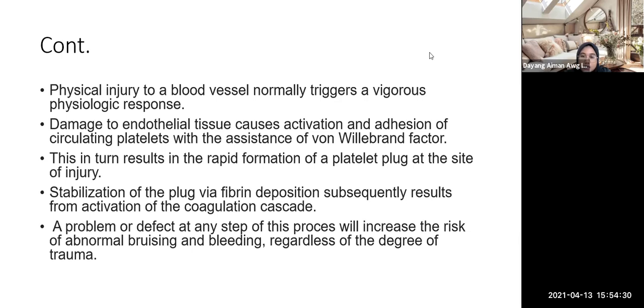And this in turn then there will be a stabilization via fibrin deposition that will result from activation of the coagulation cascade. So if there is any problem or defect at any step of the process, it will increase the risk of bruising and bleeding disease, regardless of the degree of the trauma, whether it's minor or major trauma.